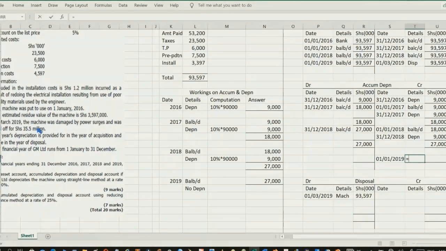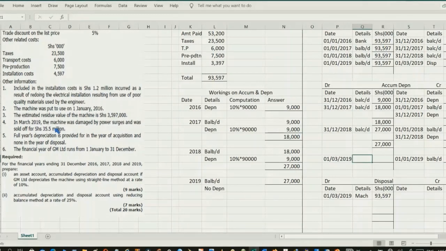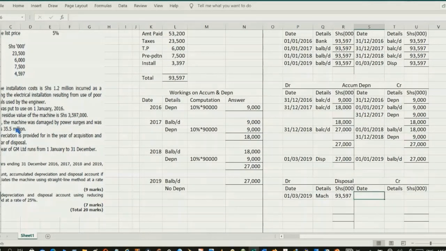Then at the start of 2019, our opening balance will be 27,000, but due to the fact that this machine was damaged by power surges and was sold off for 35.5, we'll have to write off the accumulated depreciation of this machine to the disposal account, and also report this effect to the credit side in the disposal account.